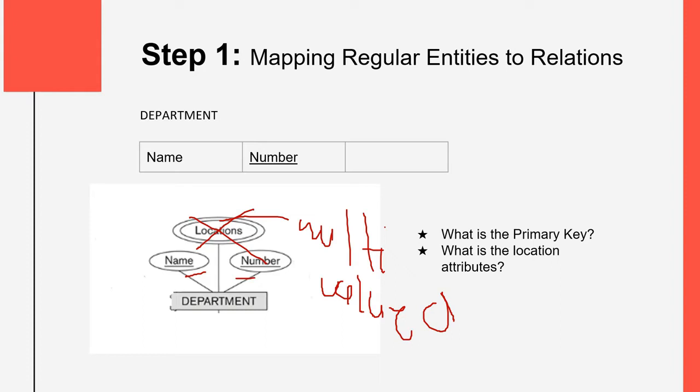So if you encounter this situation, put the attributes here, name and number, and choose only one as the primary key in the department relation table.